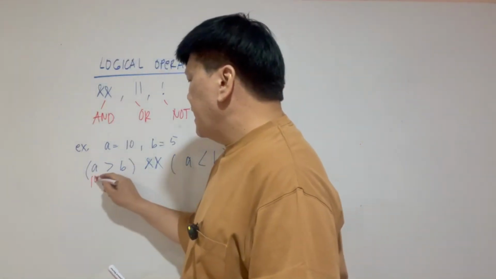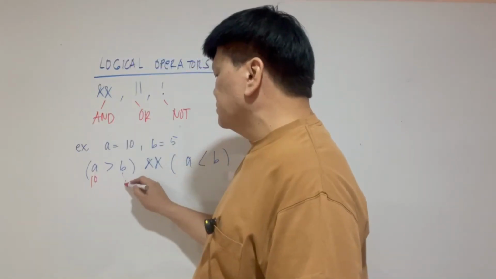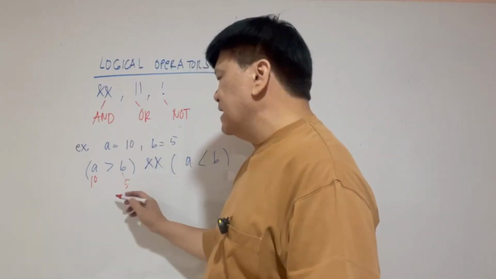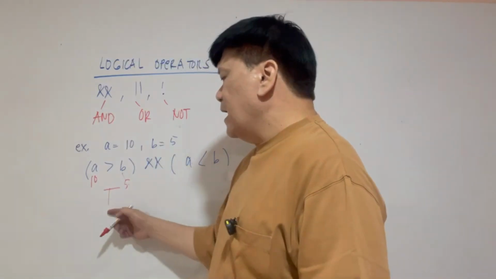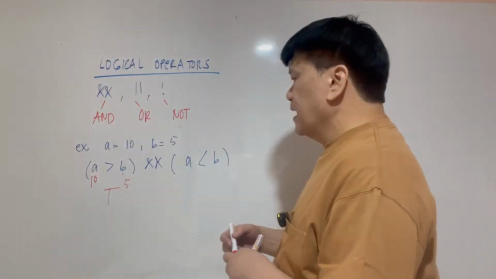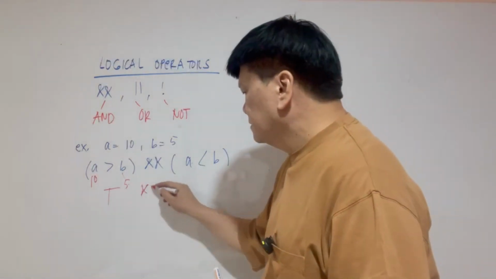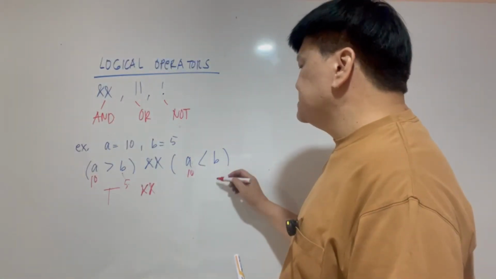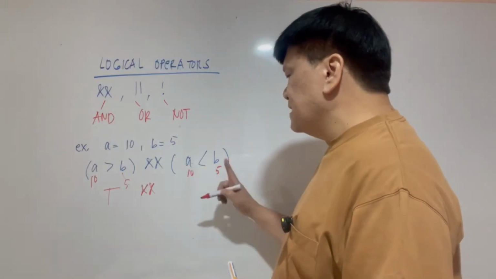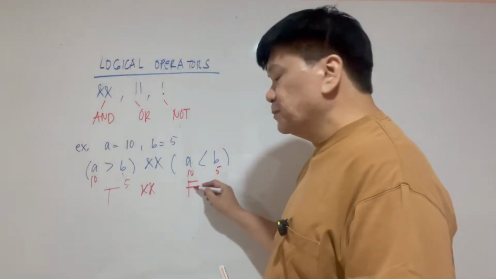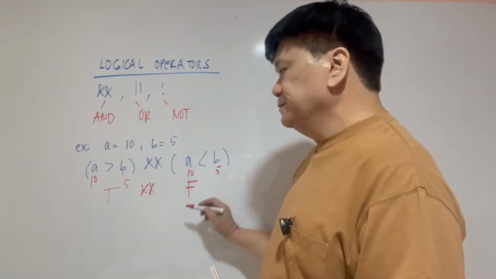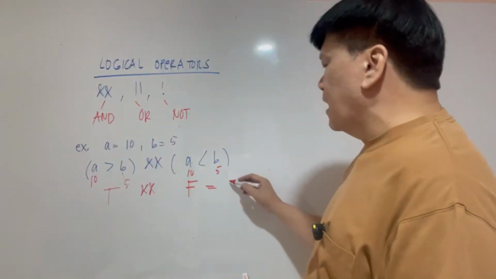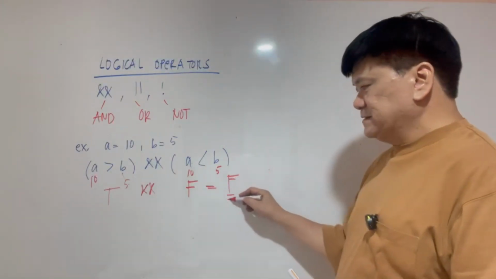A is equal to 10, B is equal to 5. So is 10 greater than 5? That will give an output of true. And here is A, which is 10, B is equal to 5. Is 10 less than 5? So that will give you an output of false or 0. So true and false, that will give you an output of false.